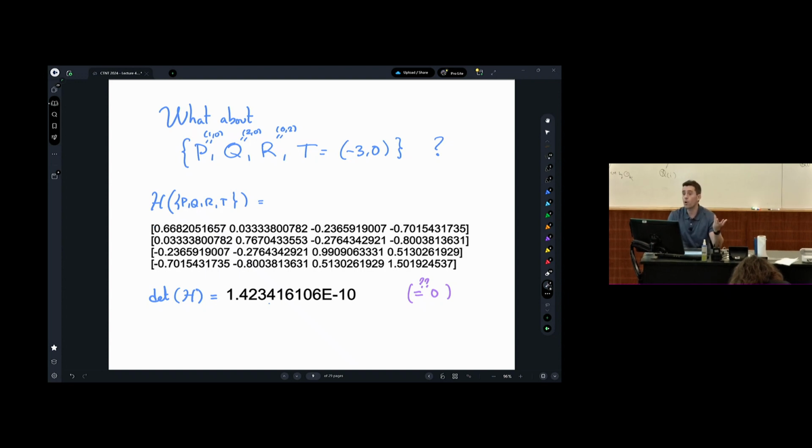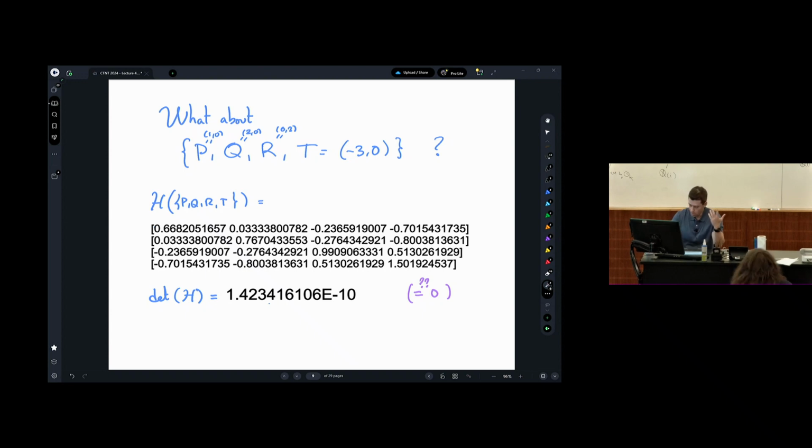I use approximate linear algebra, so numerical linear algebra, where let's assume that this is 0 and see where that takes us. So what I can do is that if this had a 0 determinant, there has to be a kernel to this matrix.